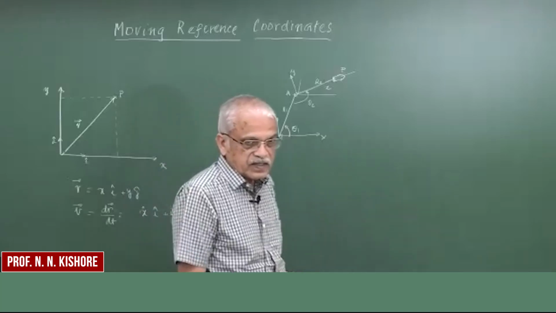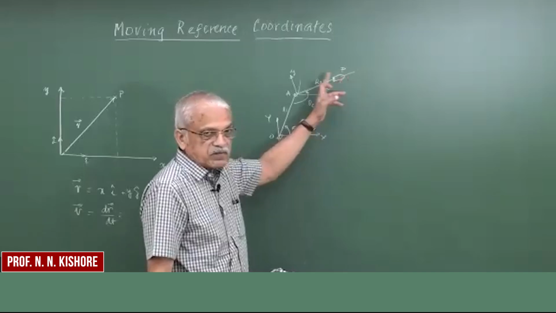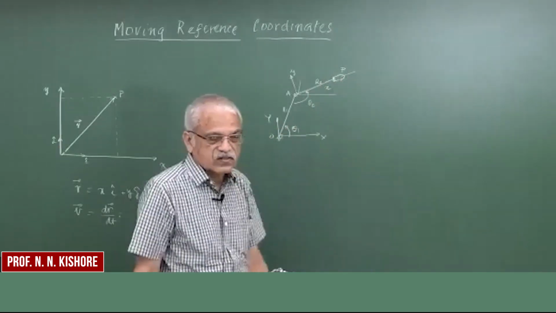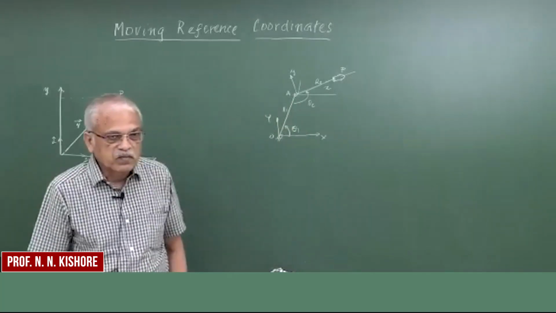That's what we want. And how is it related to what can be measured with respect to the moving frame, and what is going to be added as extra terms? There are a lot of correction terms that need to be brought in.